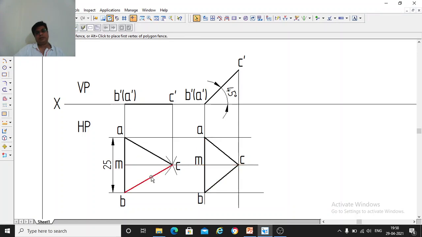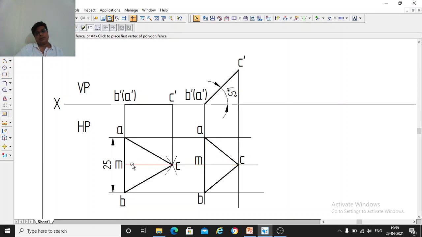So this is CM in the initial top view. When the plane is inclined, the length of this CM is reduced, because you are seeing from top, so at any angle inclined to HP, the length will be reduced. So the median length is reduced.